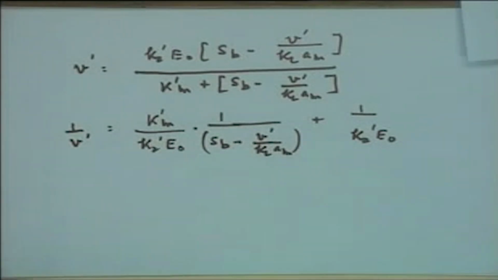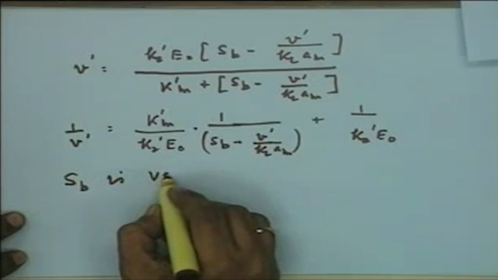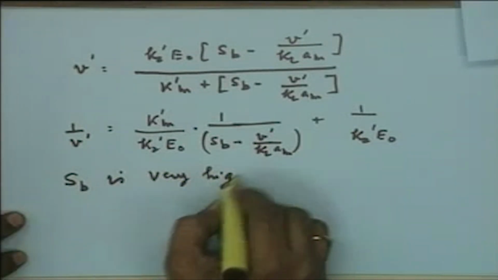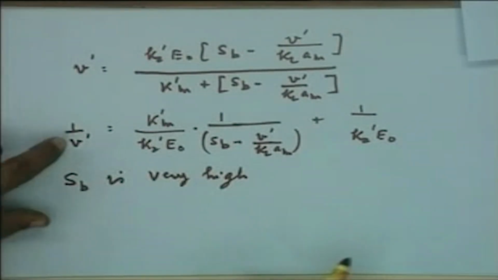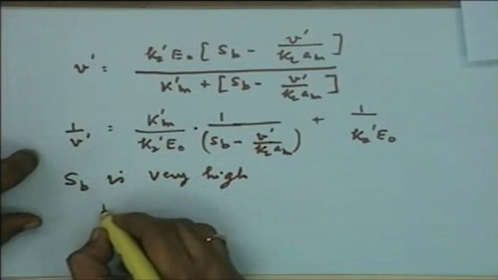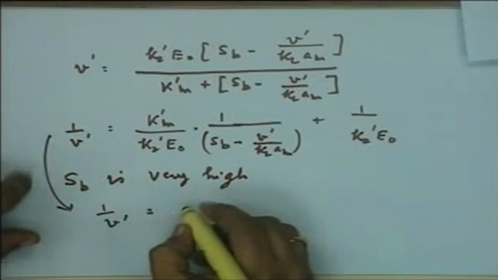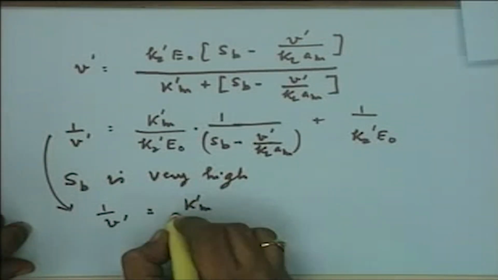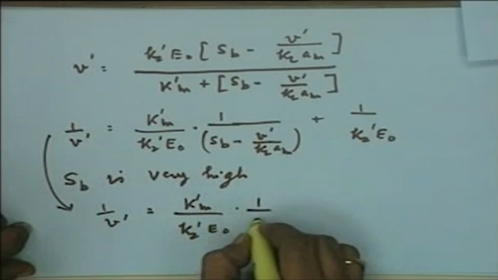Now, if you consider the extreme conditions, that is when SB is very large, SB is very high, or we are considering a zero order enzyme. From this expression you can get 1 upon V dash as equal to K dash m upon K2 dash E naught into 1 upon SB.